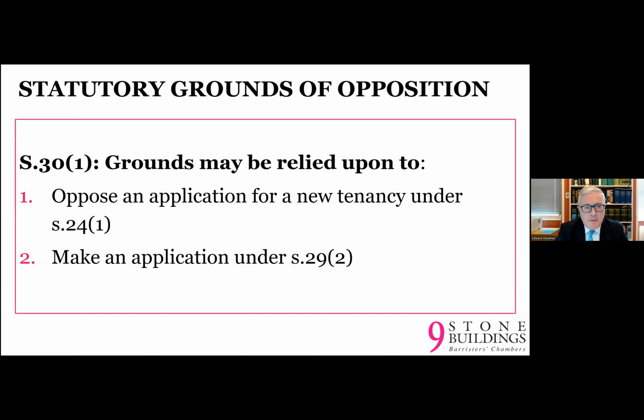So moving on, the statutory grounds of opposition are found in section 30 and in particular subsection 1. So when I say section 31 in this webinar, I'll be referring to section 30 subsection 1, and the grounds can be relied upon by a landlord to oppose an application by a tenant under section 24(1) for a new tenancy, and in support of an application by the landlord under section 29(2) for an order terminating the current tenancy.